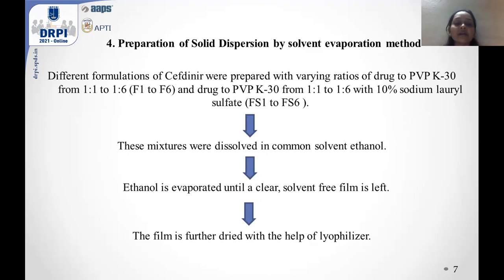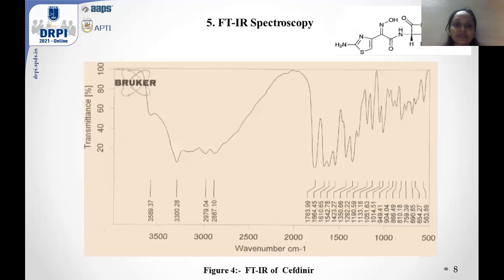So basically, we have prepared two batches: F1 to F6 without SLS and FS1 to FS6 with SLS. After that, these mixtures were dissolved in a common solvent like ethanol, and then this ethanol is evaporated until a clear solvent free film is left. If there is any moisture, then we can also use the lyophilizer.